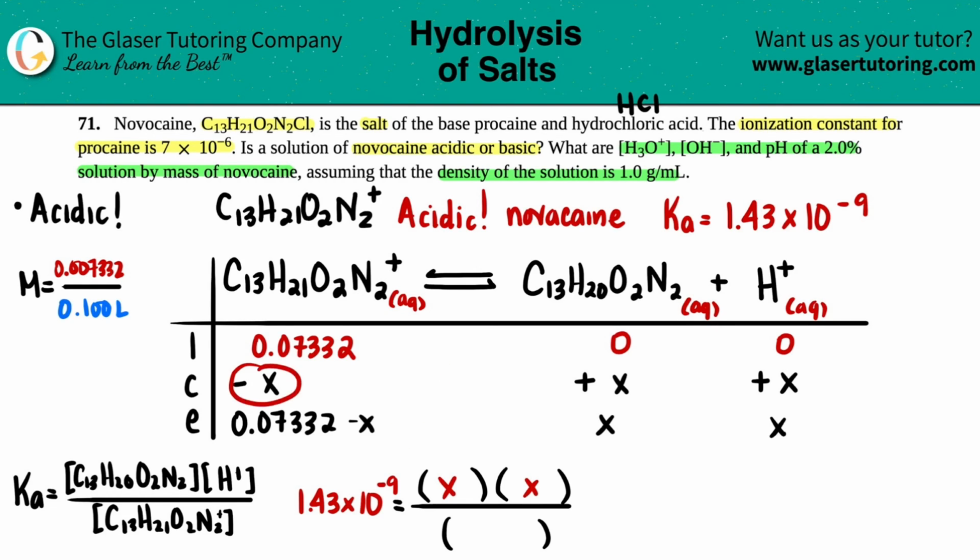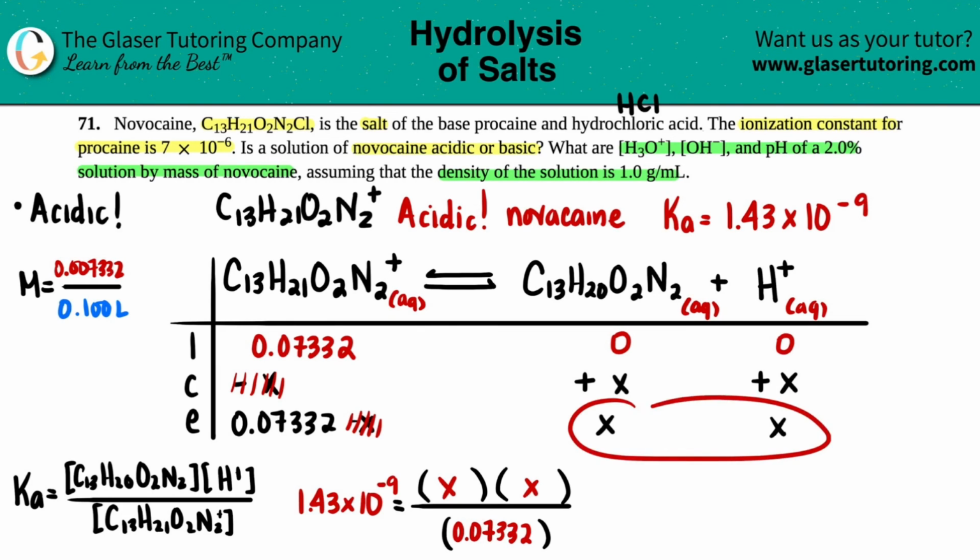It's so small that this change probably is negligible, which means that we can get away with it in terms of math. So I can just say, as far as math, I'm going to pretend that this minus X doesn't exist. I don't want to do the quadratic formula. I don't want to do more work than I have to, right? So I'm just going to put the 0.07332. I can't get rid of these X values because then I won't have a variable to solve for.